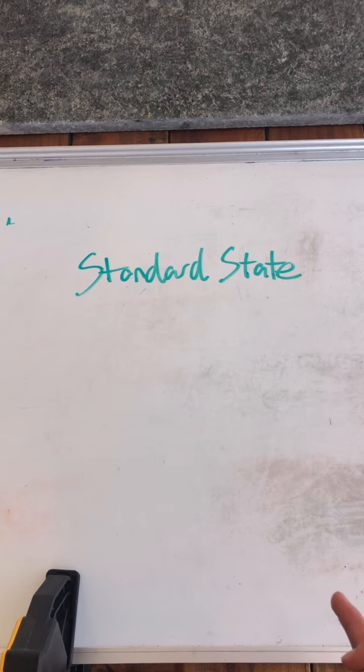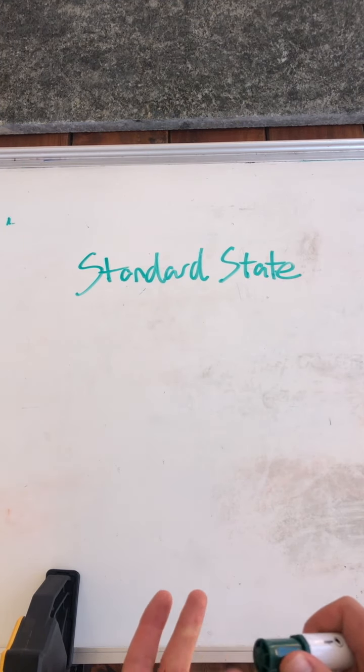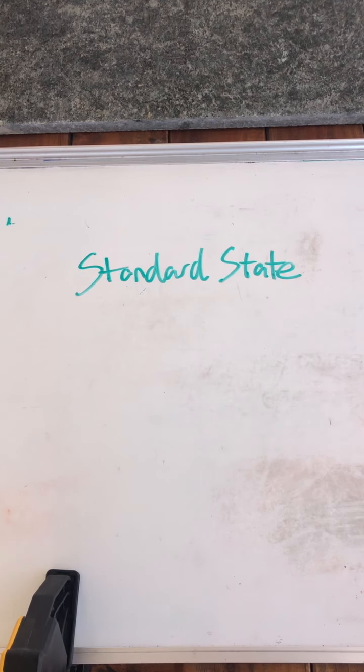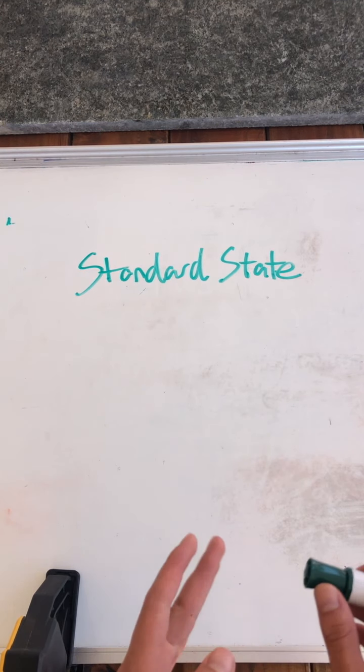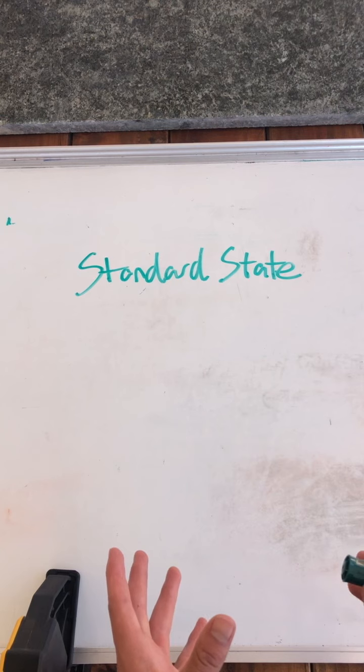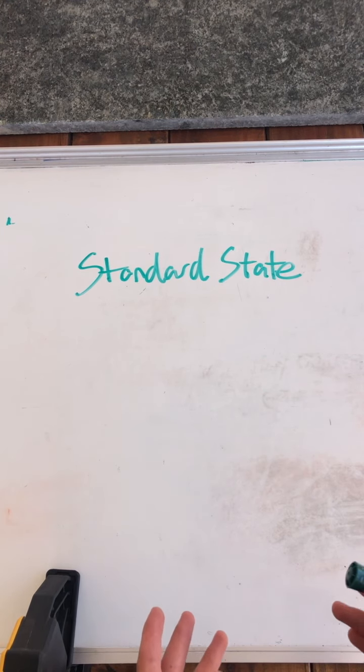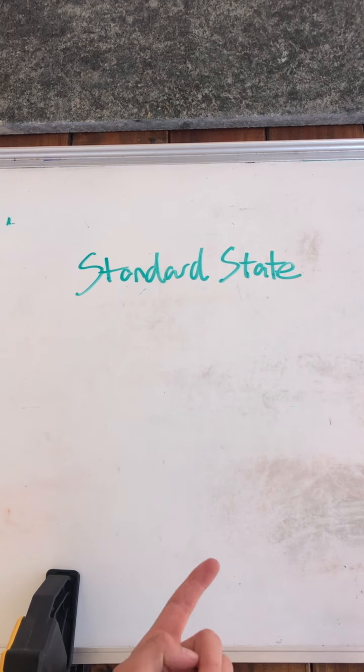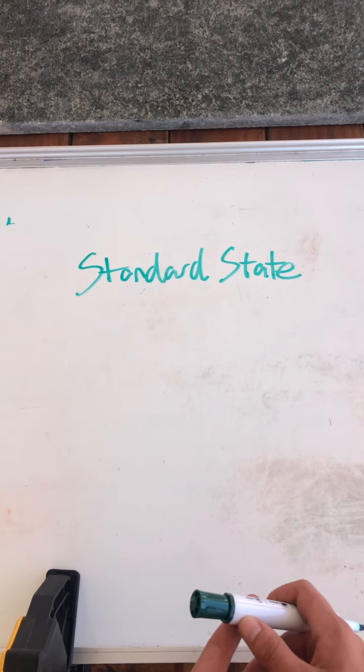Throughout this whole unit, we've been discussing how things like pressure, temperature, amount, substance, how each of those different variables can alter the course of a reaction. For example, a reaction happens faster at a higher temperature.